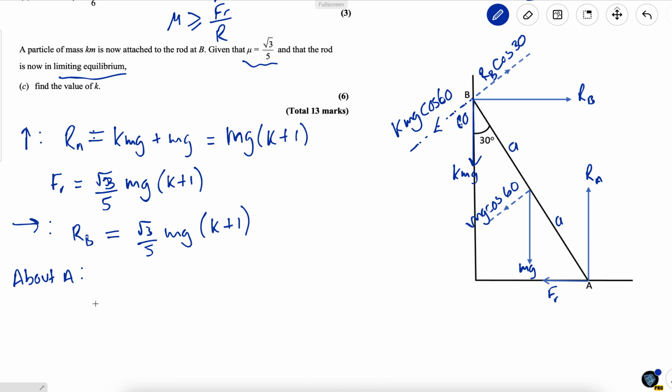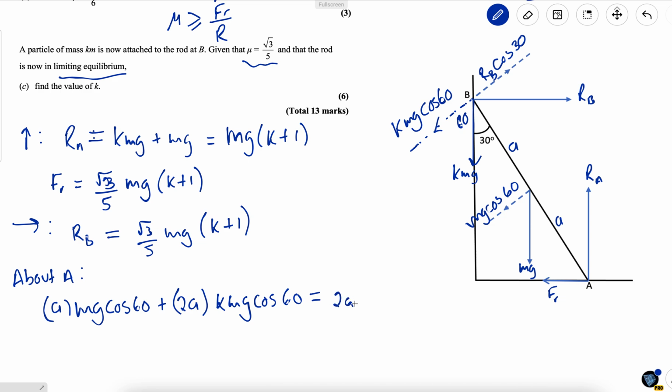So about A, I have A multiplied by mg cos 60 plus 2A times kmg cos 60 equal to 2A times RB cos 30.